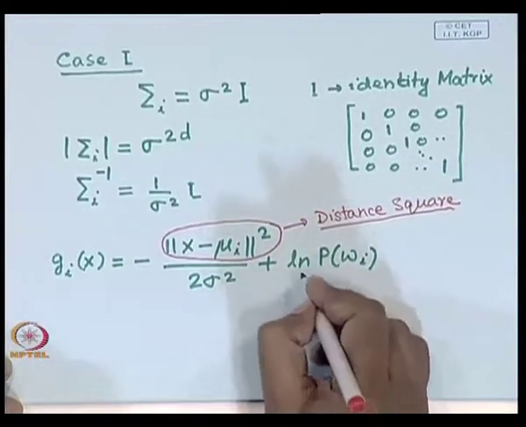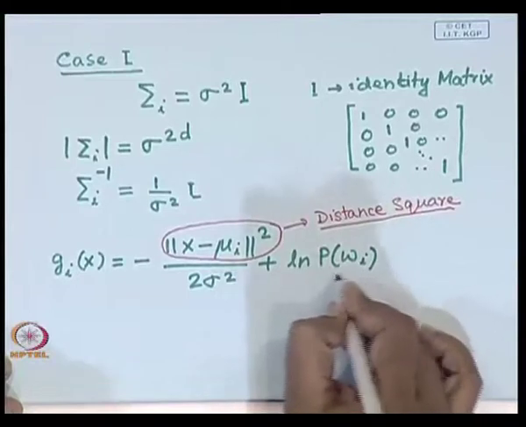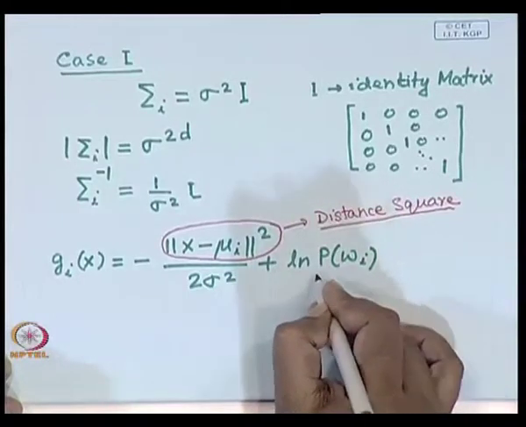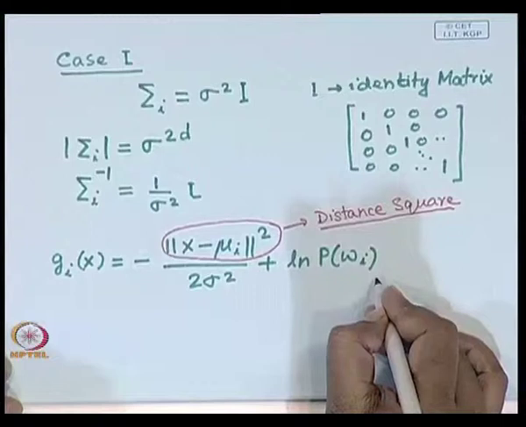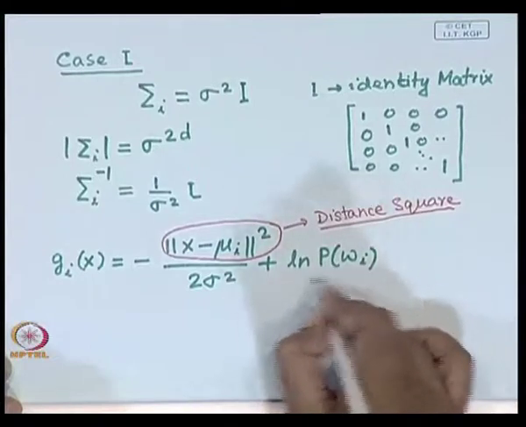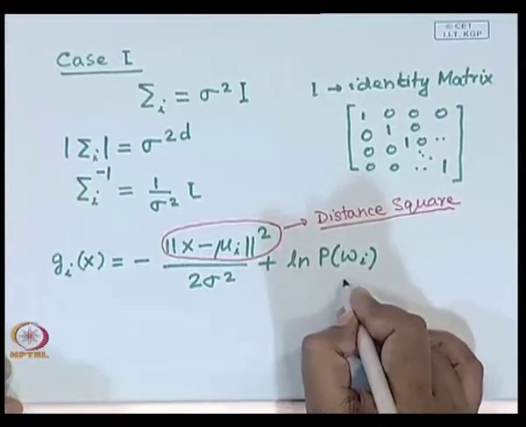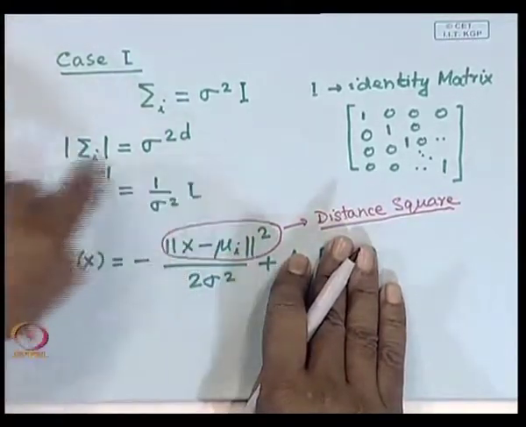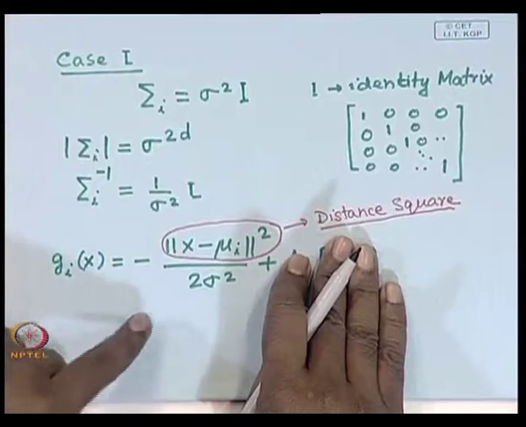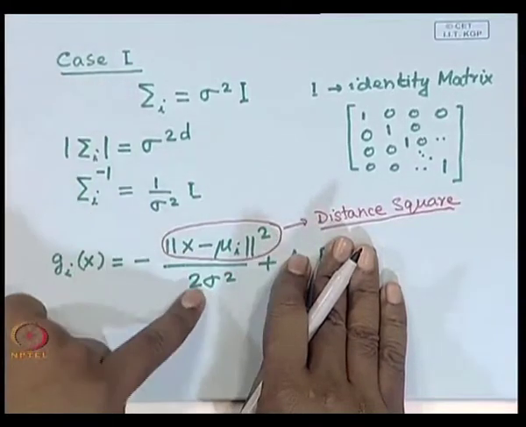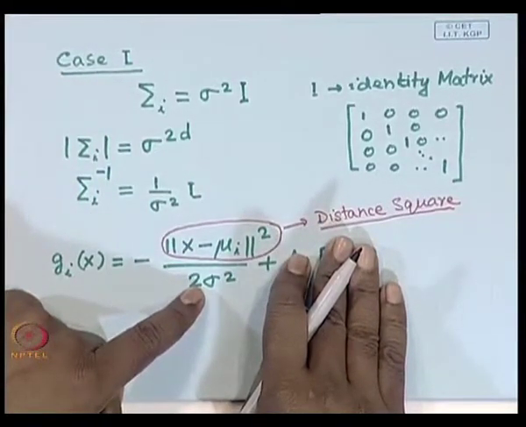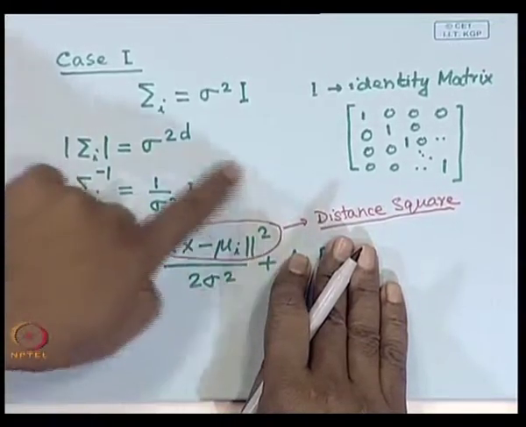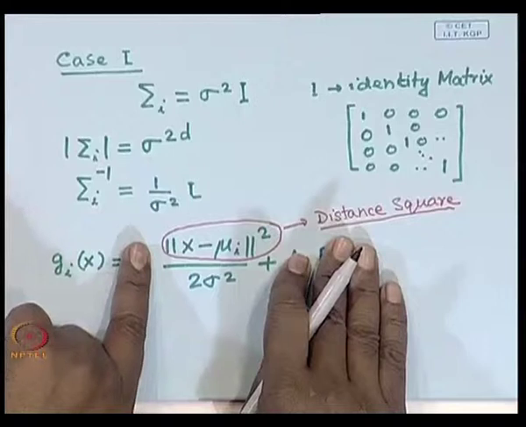So, in the situation where all the classes are equally probable, that is ln p(omega_i) is the same for all the classes, this term becomes irrelevant in the discriminant function. So, my discriminant function is simply this equation. And this being the distance square from the mean vector, you find that it becomes a minimum distance classifier, because this term will be maximum when the distance is minimum, because it is negative.